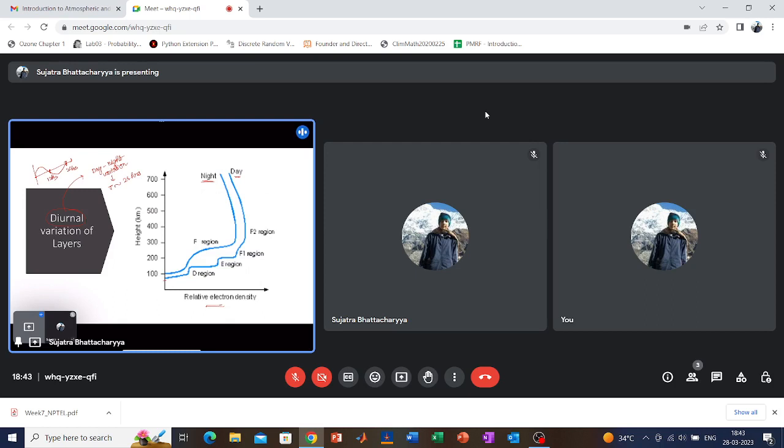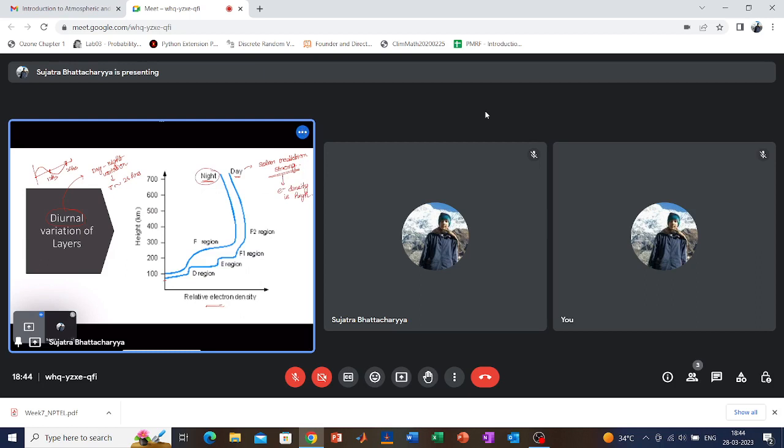After that E, then F1 and F2, which we have discussed already. Now what we can see is that at daytime all the layers have quite higher electron density, which is expected. Daytime solar radiation is strong, as a result of which the electron density is high.